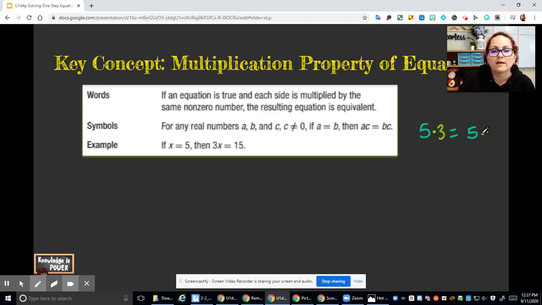If I multiply by the same number on both sides, did I mess it up? Nope. So we can multiply. So far, we can add on both sides, we can subtract on both sides, and we can multiply on both sides. Can I divide? Well, let's see.